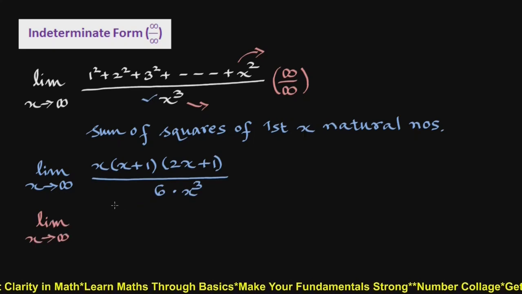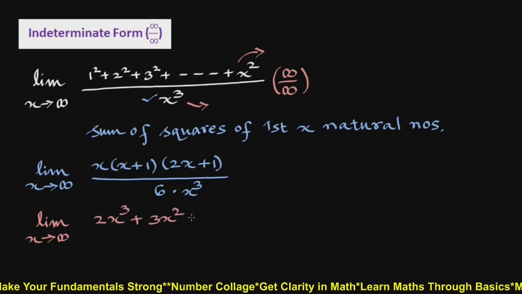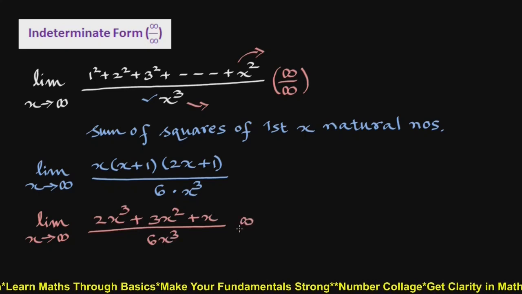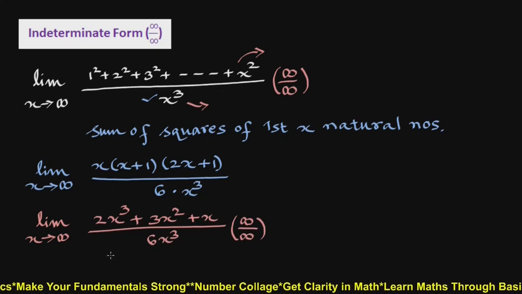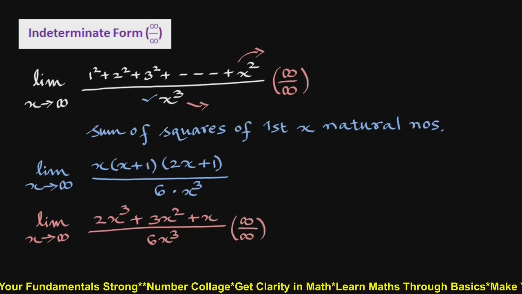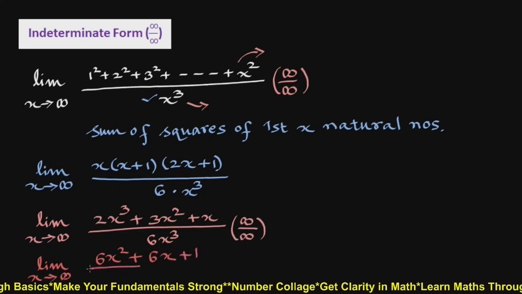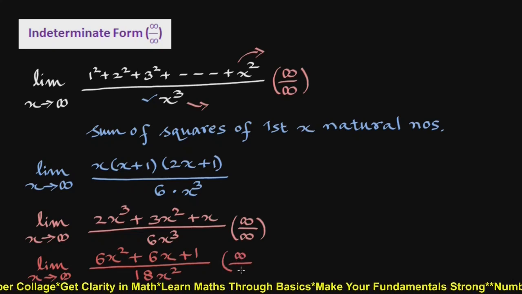Numerator after simplification will be 2x cube plus 3x square plus x upon 6x cube. This is infinity upon infinity indeterminate form. So we can apply L'Hopital's rule to get 6x square plus 6x plus 1 upon 18x square. This again is infinity upon infinity form.